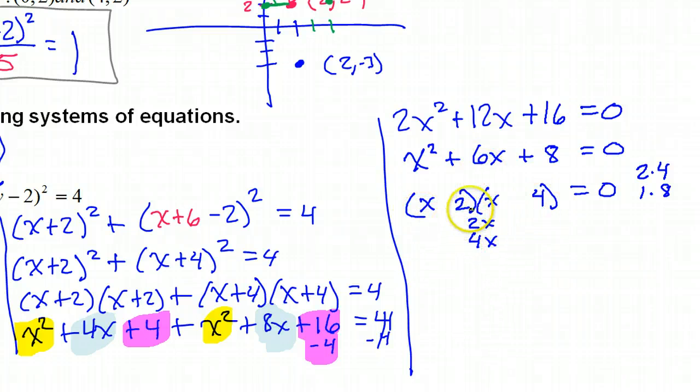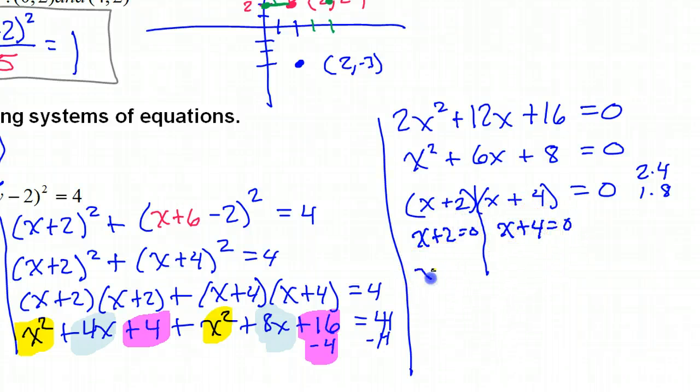If I just leave them positive, that will give me 6x. And a positive 2 times positive 4 is positive 8, so it works out. Setting both of these equal to 0 gives me x equals negative 2 and x equals negative 4.